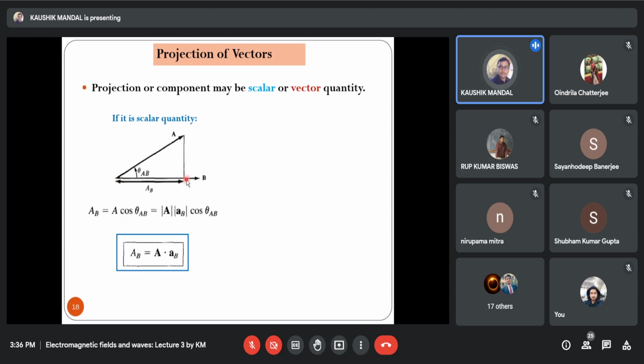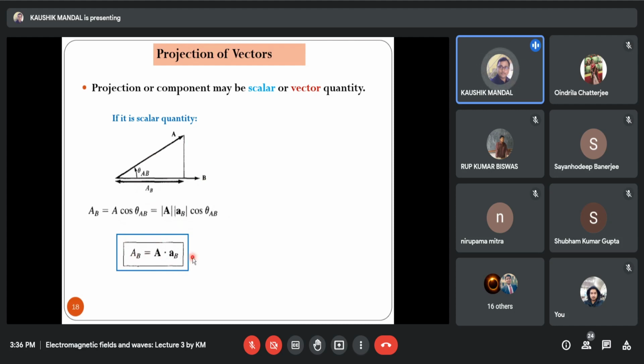If we consider this, it is not a vector, in that case it is a scalar quantity. So what is A into a_B cos theta? A into a_B cos theta means that is the dot product of A and the unit vector along vector B. So it becomes vector A dot the unit vector along B. So the component of vector A on the vector B, or the projection of vector A on the vector B, A_B becomes A dot a_B.